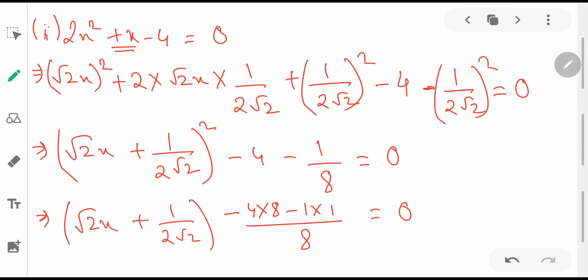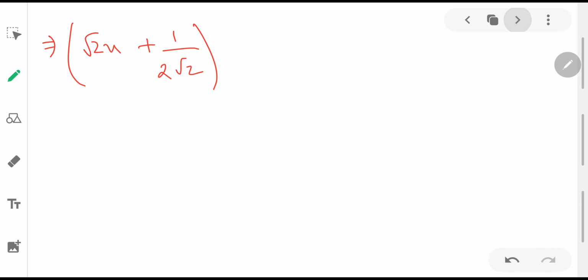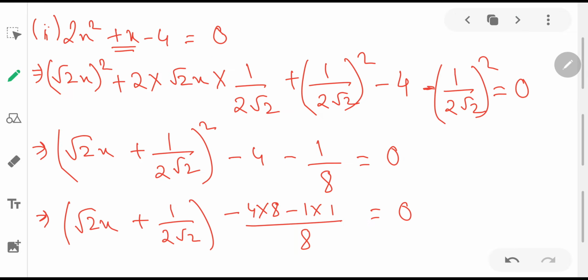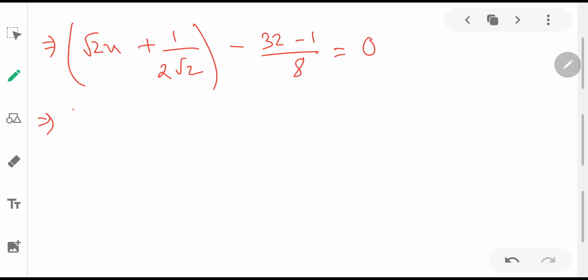So let's go to the next page and we'll write here (root 2x plus 1 by 2 root 2) whole square minus 32 minus 1 by 8. So minus 32 minus 1 by 8 equals how much? Equals 0 here. So we'll get how much?